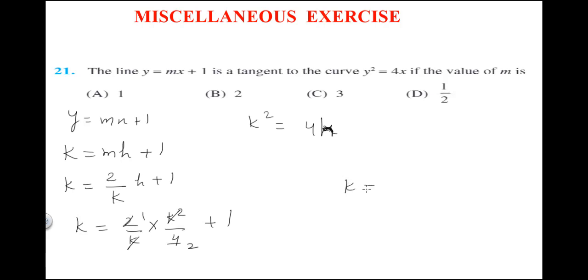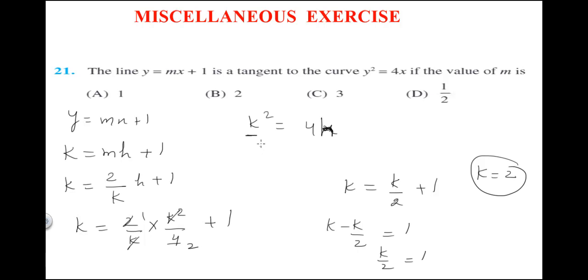So we have k equals k divided by 2 plus 1. So k minus k divided by 2 is equal to 1. So 2k minus k is k, divided by 2 equals 1. So the value of k from here is 2. Now to find h, if we put it here, we get k square equals 4 multiplied with h.